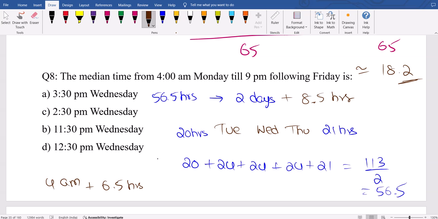56.5, right? Yeah. 48 plus 8.5 only. It should be 10:30 a.m., it's not p.m. also.